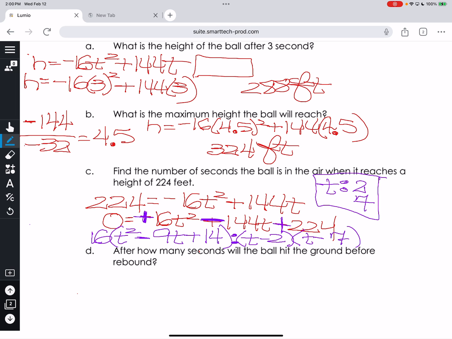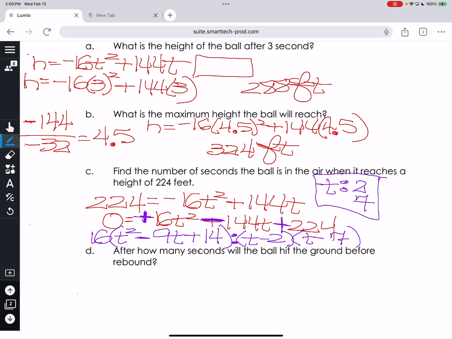All right. Next question. After how many seconds, seconds is your x or your y? Your x. Will the ball hit the ground before the rebound? Like it bounces up again? Yes. So it's going to go up in the air and go boom and bounce for you to go chasing after it.